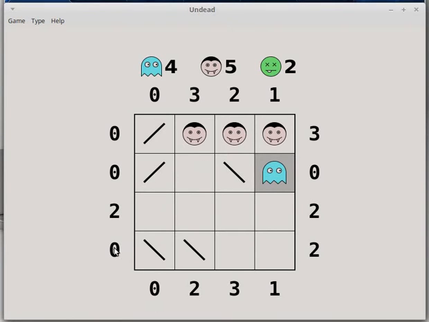The last zeros are down here, and again, this is the trivial case where you're just looking at a mirror. There are no tiles for a monster to be on. All right, so we've gone through all the zeros, and now we want to look through, are there any other cases where it's unambiguous?